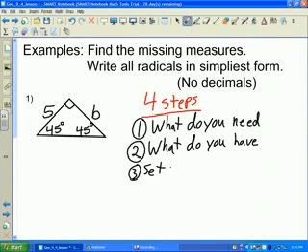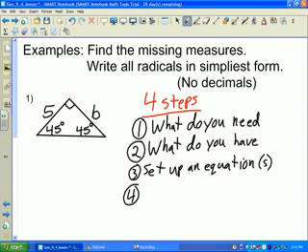Third step, to set up an equation or equations. And your fourth and final step is to solve. So take a minute, list these steps. What do you need? What do you have? Set up an equation, and we can slowly get through this.